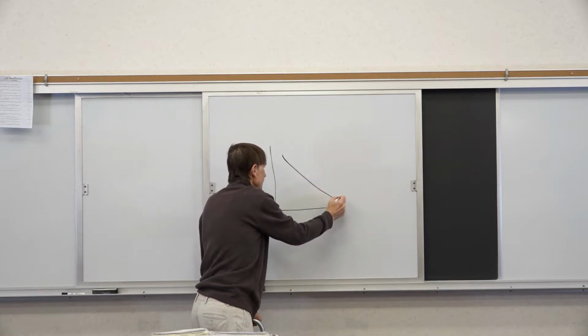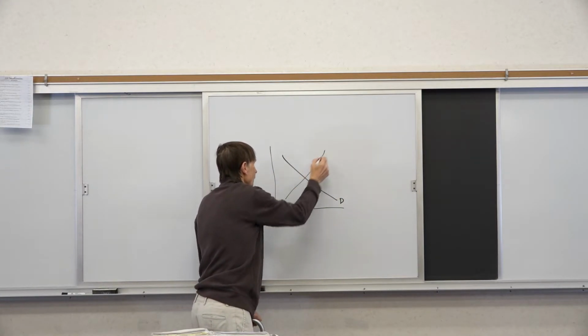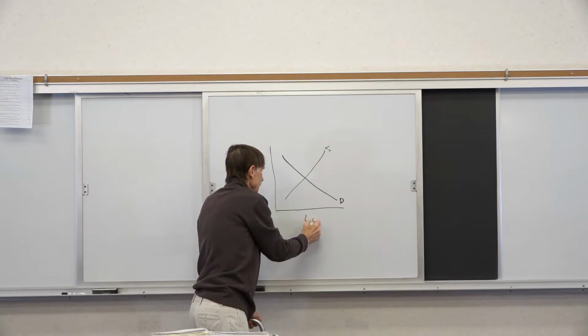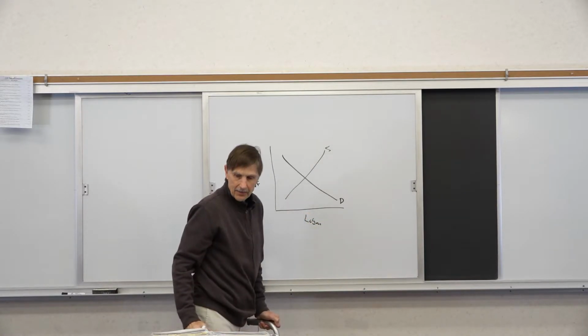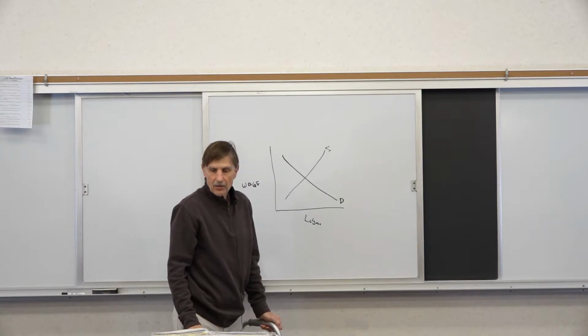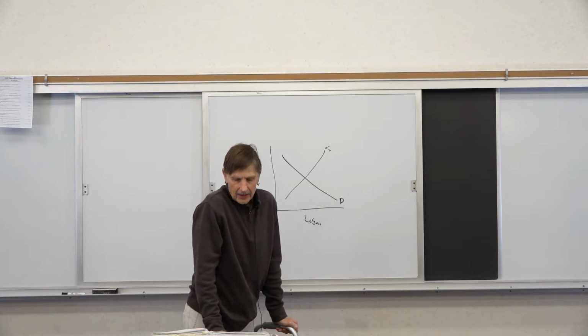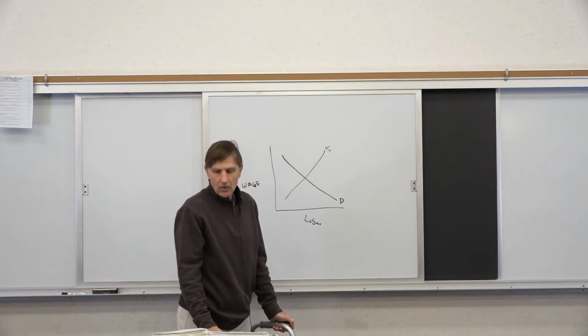Okay, so demand and supply of labor. We got wage up here, and we got the amount of labor that's there. Well, now if the tax is paid by the employer, what's going to happen?